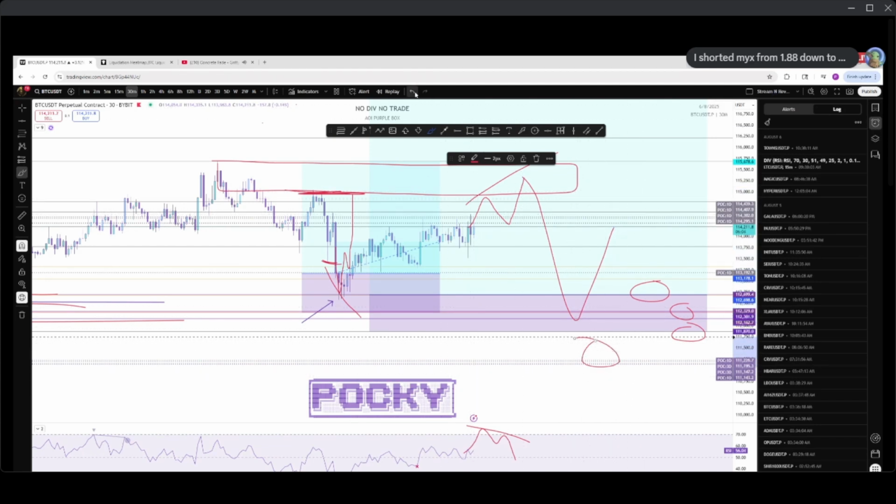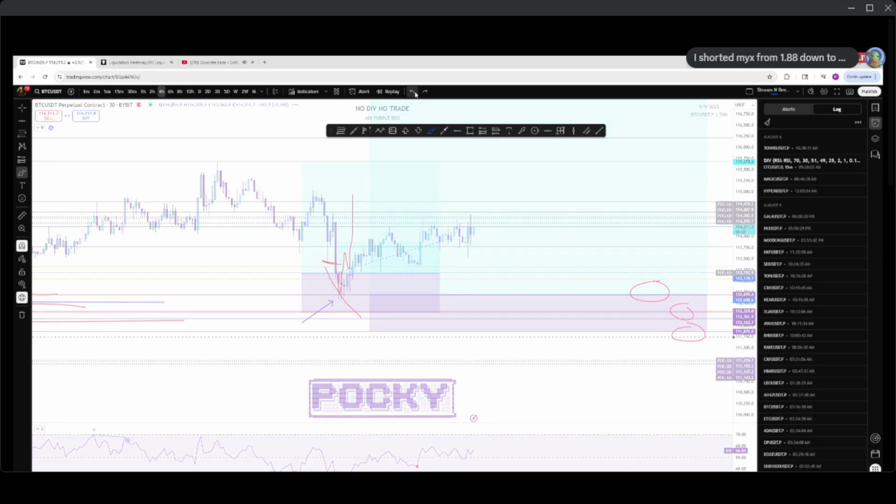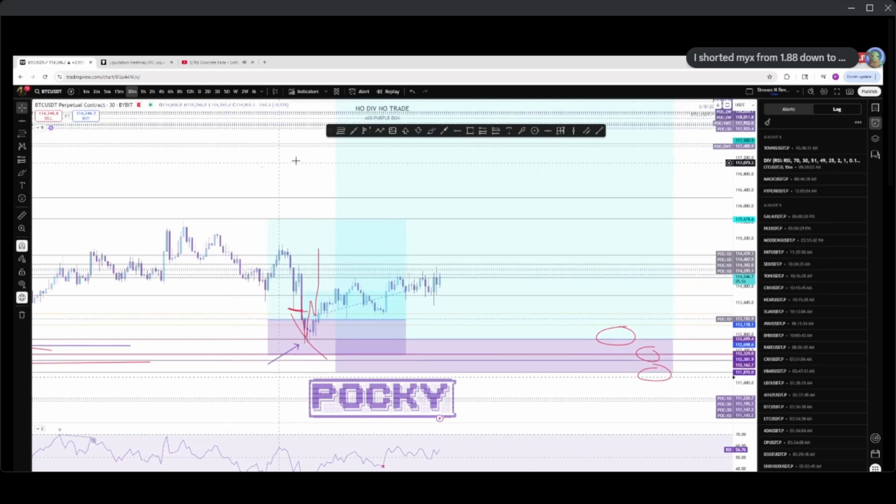So what you guys want to see is this. This would be really sexy. If we could do this and take out this liquidity, I'd bid that pullback and use this as my stop loss.